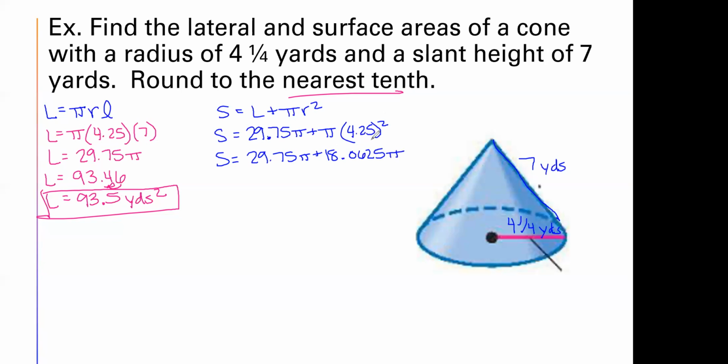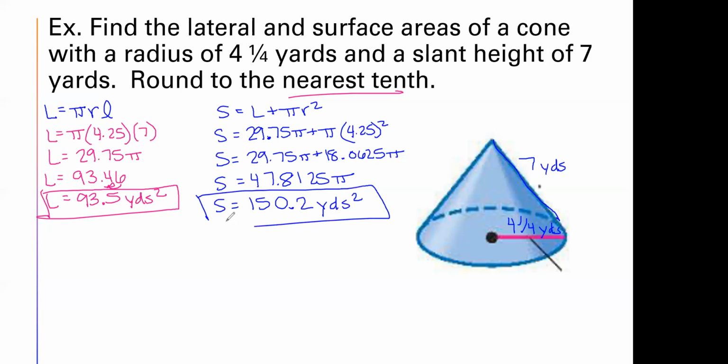Again, I'm doing this in a calculator. If I add 29.75 pi and 18.0625 pi, they're like terms, so I can add them together. I get 47.8125 pi. Then I multiply this by pi, and I end up with 150.2 yards squared once I round it to the nearest tenth.